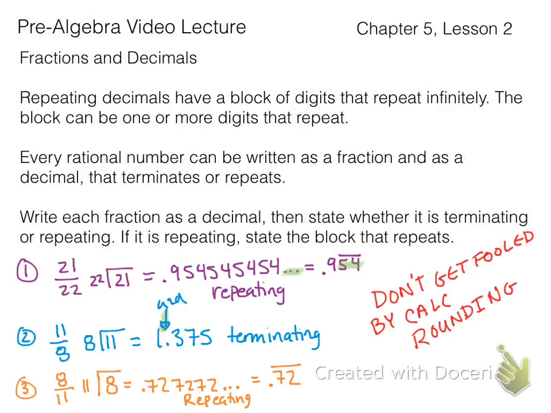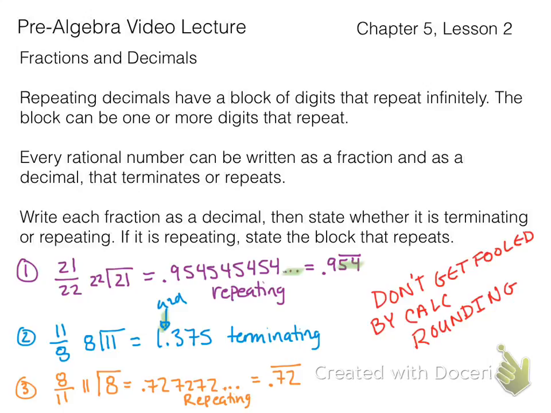Thing is, don't get fooled by calculator rounding. If you actually did 8 divided by 11, eventually your calculator at the end of it, when it shows the answer, mine had a 3 at the end. And that's because the 7 rounded the last 2 that was visible on the screen. Don't be fooled by that.